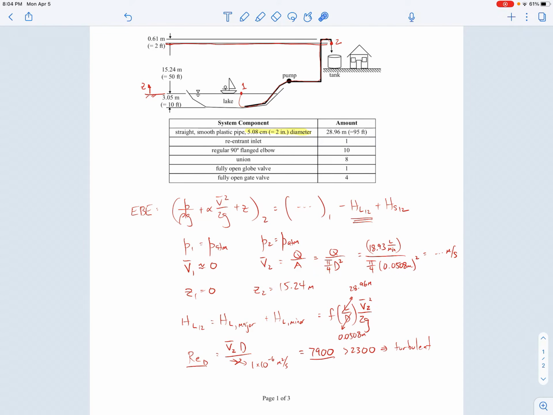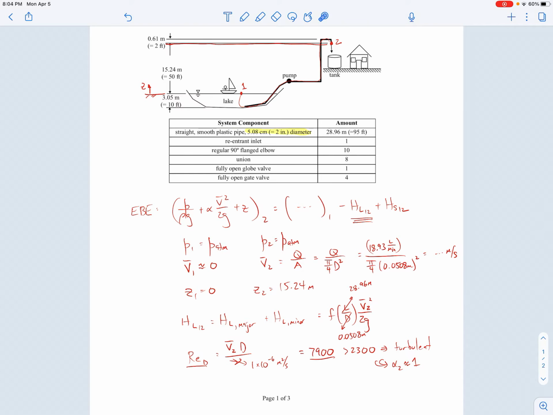But alpha 2 should be equal to about 1. When you have a turbulent flow, recall that the kinetic energy correction factor is about equal to 1 because that turbulent velocity profile looks pretty close to an average velocity profile. So the kinetic energies are about the same, and you don't have to do a correction.